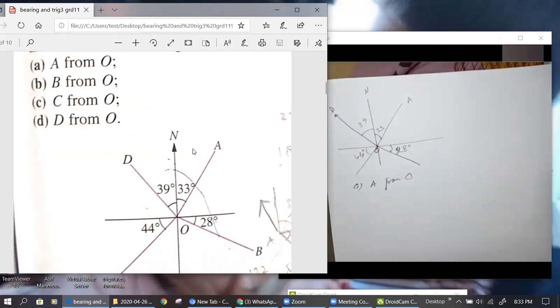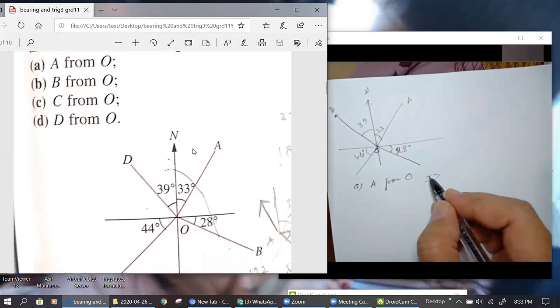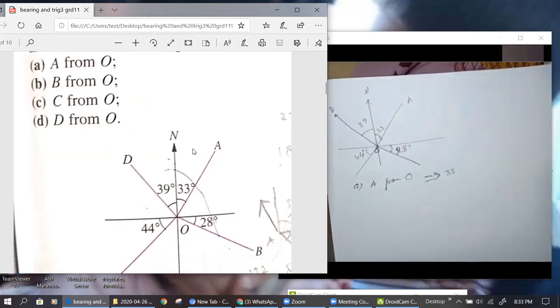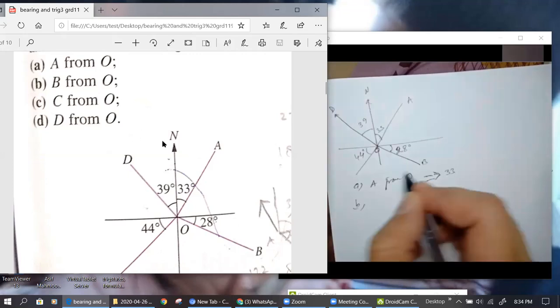O to A is 33. Now B. B from O. So from north to B, 33.